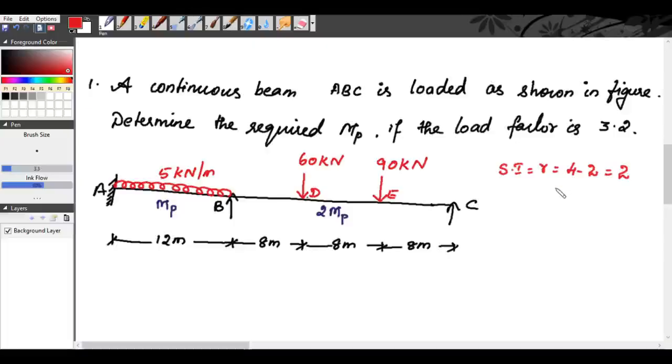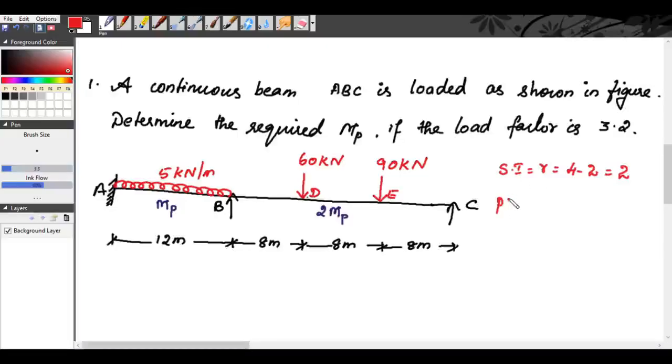You should be very careful while solving this. See, if the first step is wrong, the whole complete problem is going to be wrong. You will not get any mark. Okay, so from the first step itself, you should be very careful. So here statical indeterminacy is equal to 2. Now, what are the number of possible hinges?